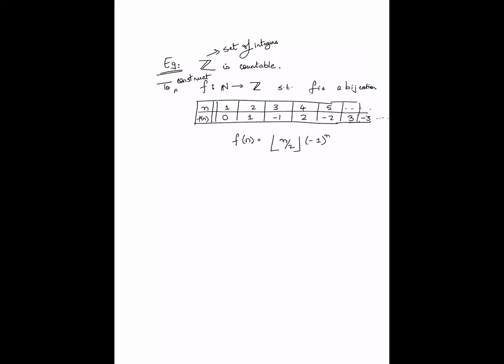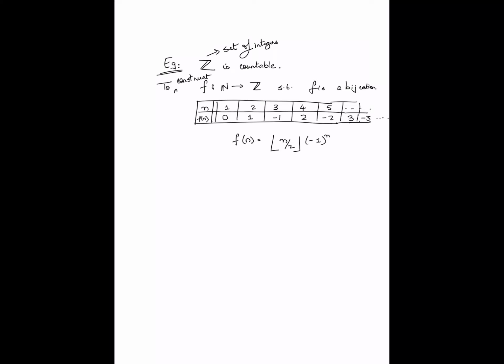The first thing to do is to convince yourself that this is in fact a bijection. How do you check that? You first show that every integer is f of n for some n. In other words, every integer is in fact the image of f for some natural number.